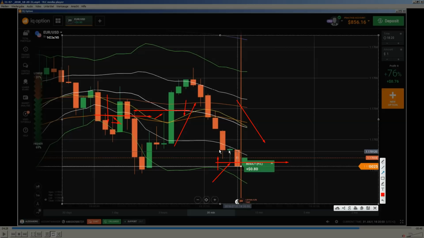But the problem is that those kind of areas most often act as support and resistance, so you don't get nice entry points like I got here. That was only because I got this kind of wick here, that price got back to this.